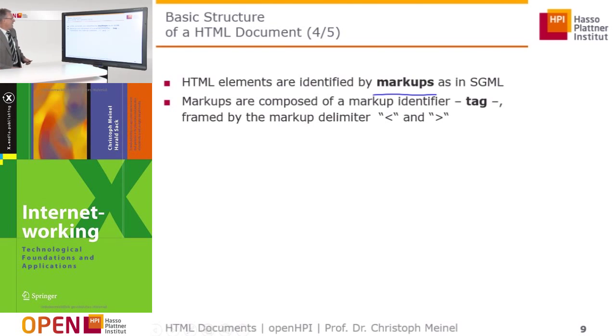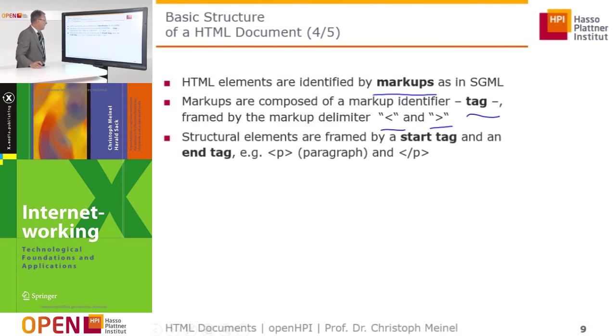The markups are composed of a markup identifier, the so-called tag, and are framed by the markup delimiters. And we already showed that, like in SGML, these are the HTML markup delimiters. Structural elements are framed by a start tag and by an end tag. So, for example, this is a start tag for a paragraph.